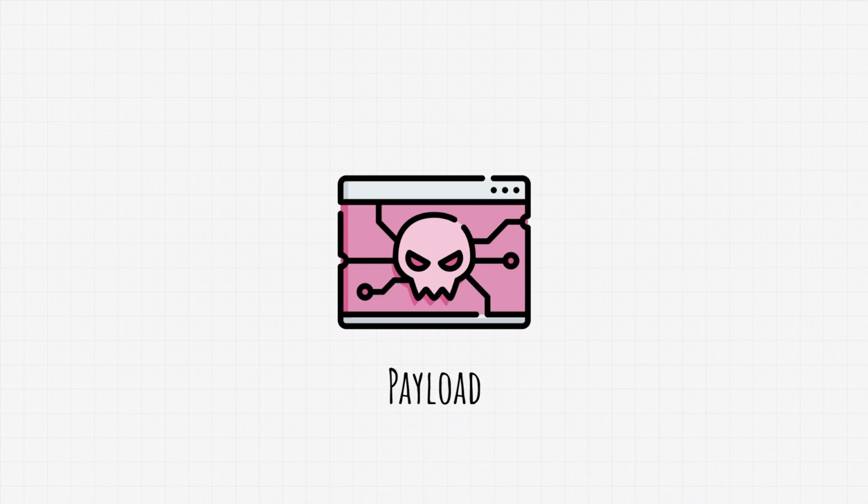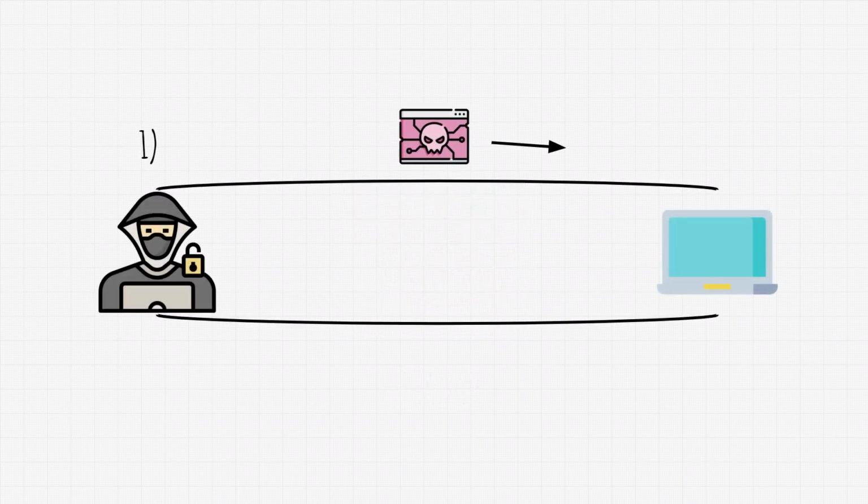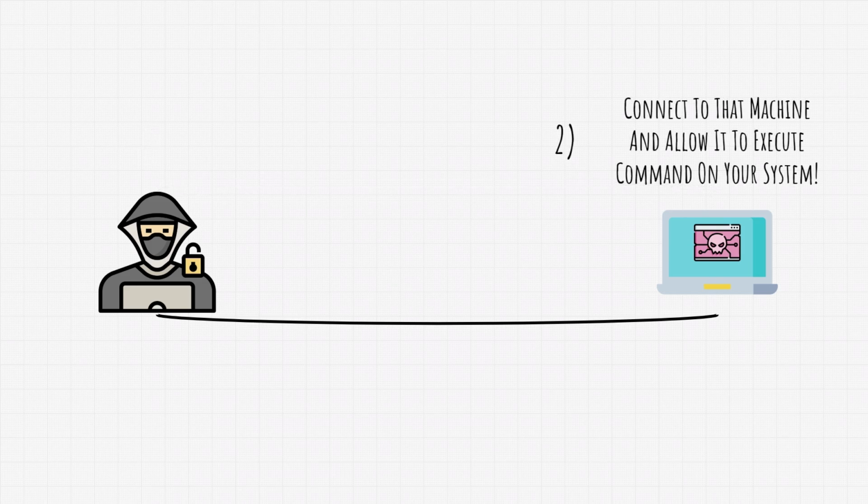The first step would be us exploiting the target and sending a shell or payload with it. That payload will then be on the target's machine and it will execute. Once it executes, what it essentially does is tell the target machine to connect to that other machine and allow it to execute commands on your system.